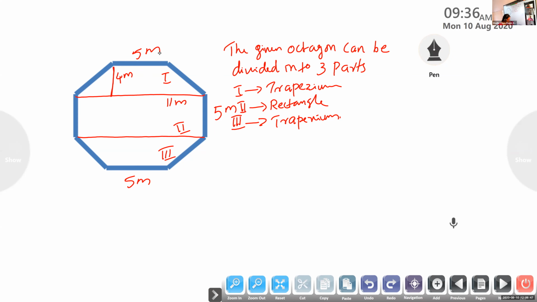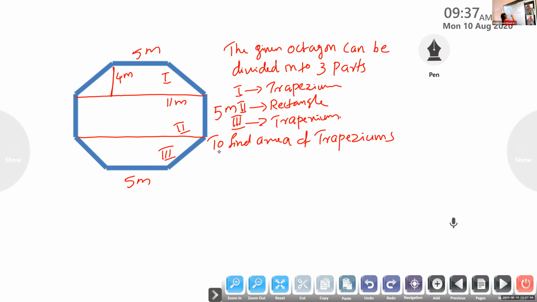Now we will find the area of the trapeziums. Area of a trapezium formula? h into (a plus b) divided by 2. Right.